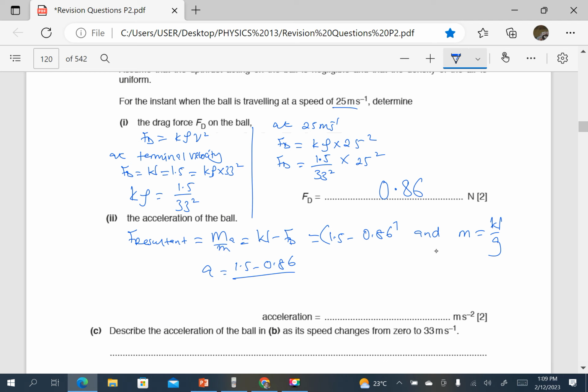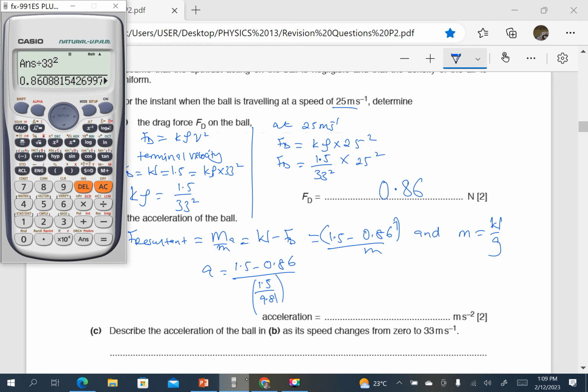So I will divide by m, which is the weight, 1.5, divided by g, which is 9.81. So 1.5 minus 0.86 divided by 1.5 divided by 9.81. The answer there is 4.2.